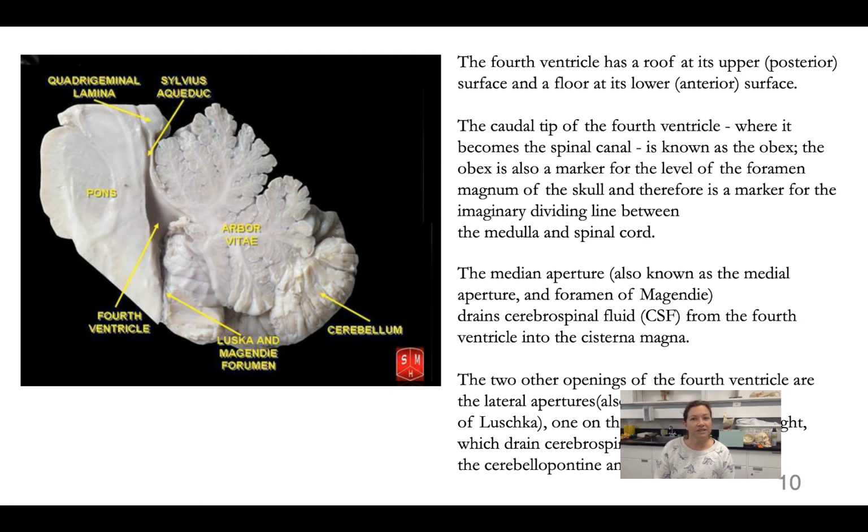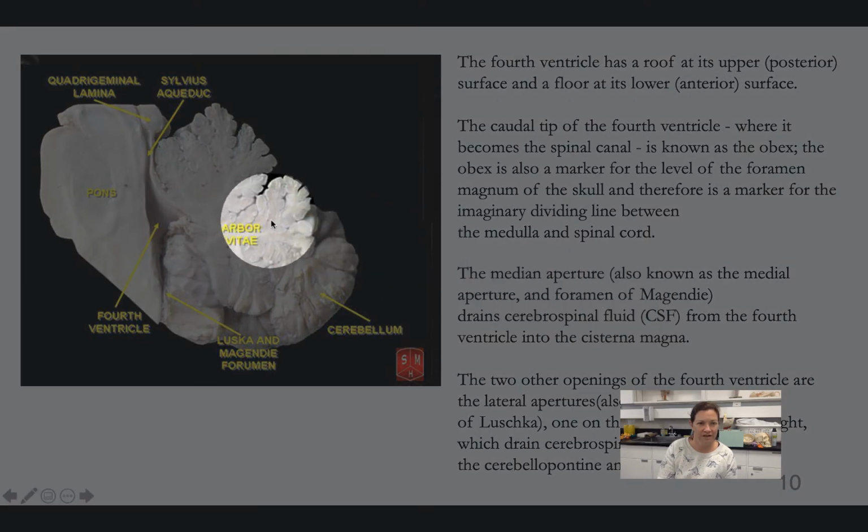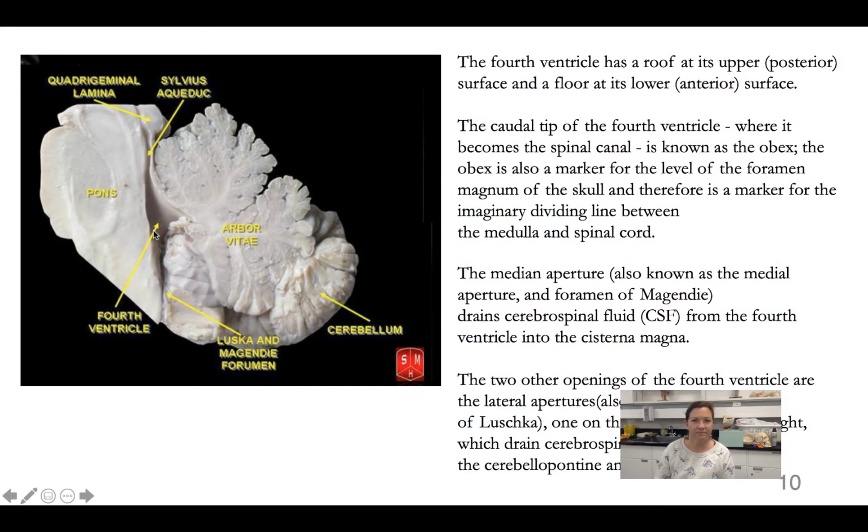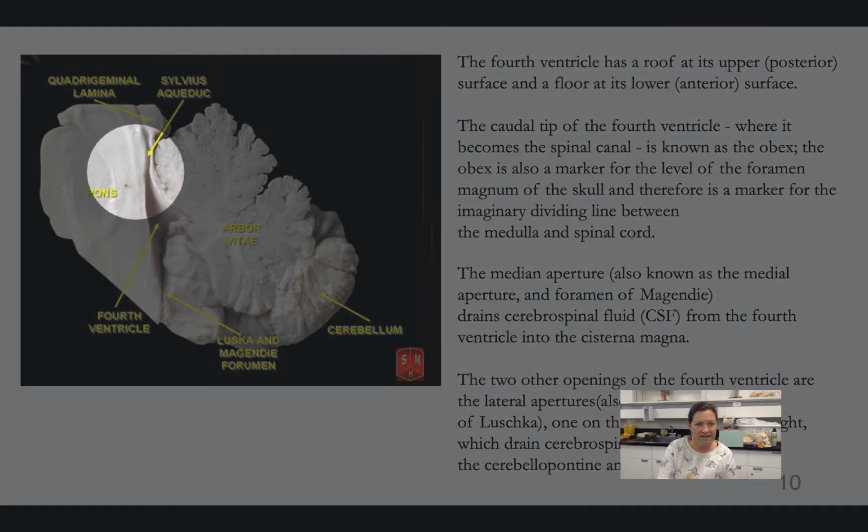The fourth ventricle has a roof posteriorly and a floor anteriorly. So the roof of the, did I say third or fourth? The roof of the fourth ventricle is created by the cerebellum, and the floor is created by the pons. The caudal tip is where it merges into the central canal, and this point is known as the obex.